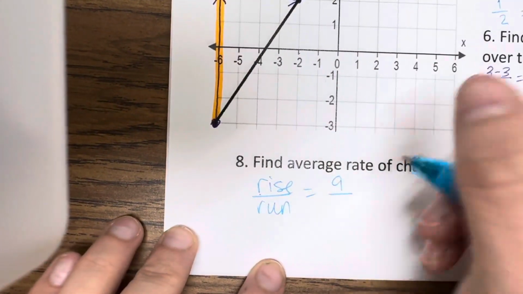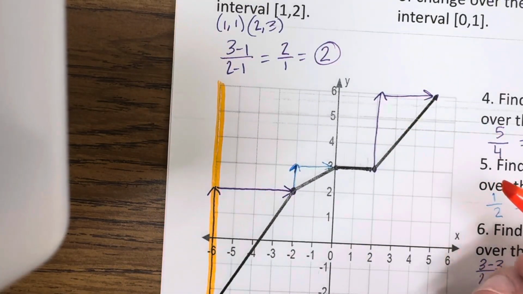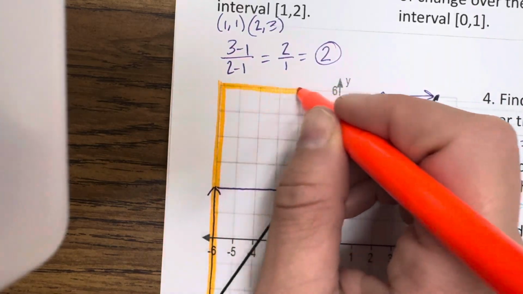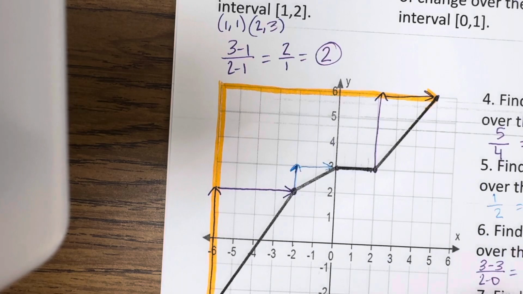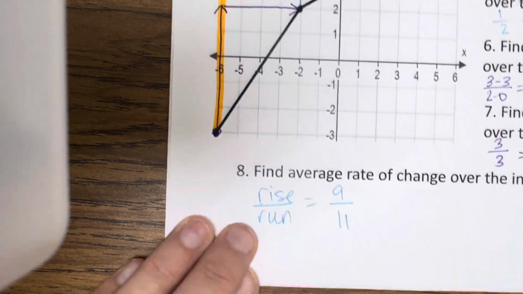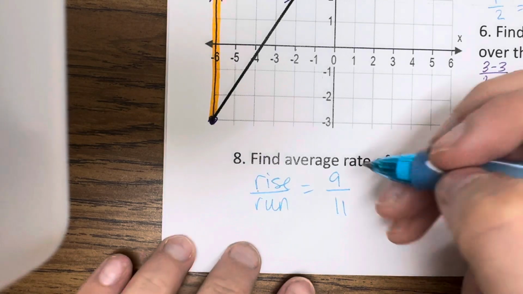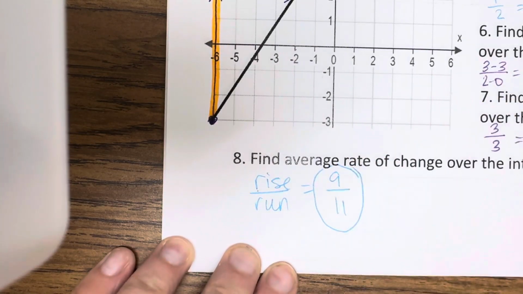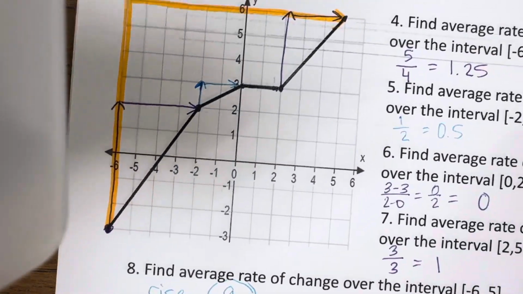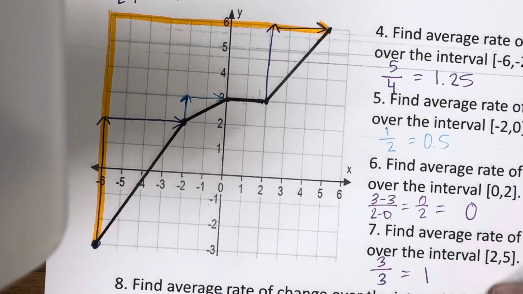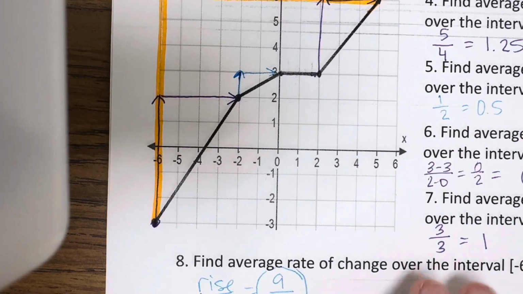So up 9, and then I would have to move to the right from -6 to 5, which would be 11. And that does not simplify or come out to a good decimal, so I would just leave that as my answer. So the average rate of change over that whole interval was 9/11ths, but depending on which section you looked at, it could have a different rate of change. So again, this would be a non-linear function.